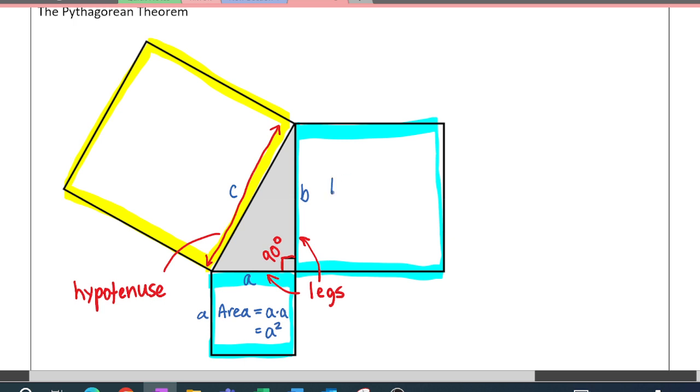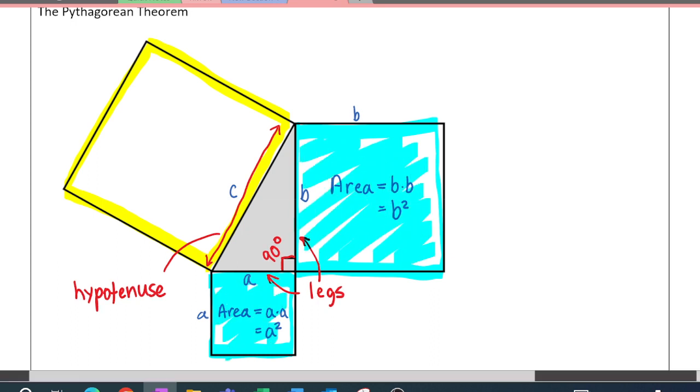Same with this larger blue square. The area would be B times B, or simply B squared. Okay. And then the area of this very large square on the hypotenuse would be C times C, or simply C squared.